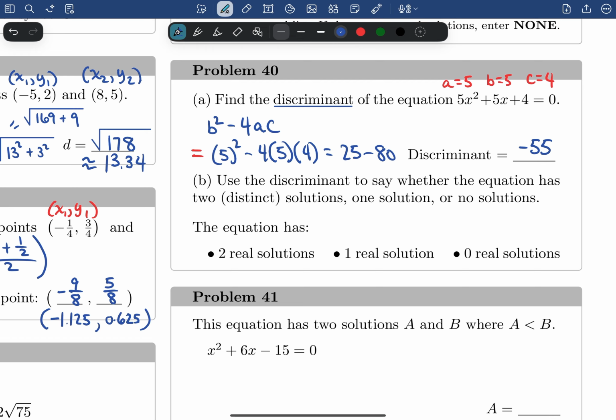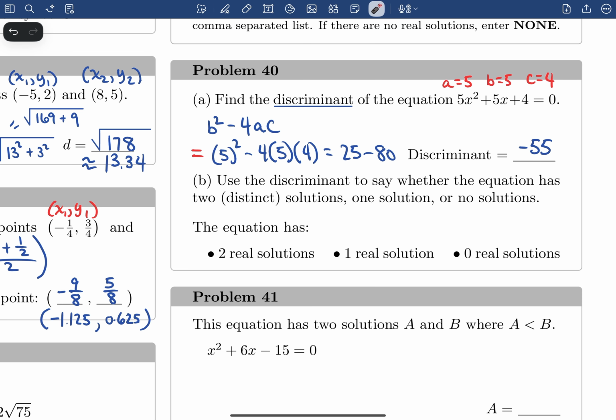Okay, and the discriminant helps us discriminate how many solutions there are. So we could have two real solutions. That's if the discriminant's result is positive, if it's greater than 0. There could be one real solution. That's if the discriminant equals exactly 0. So if it equals 0, there's only one real solution.